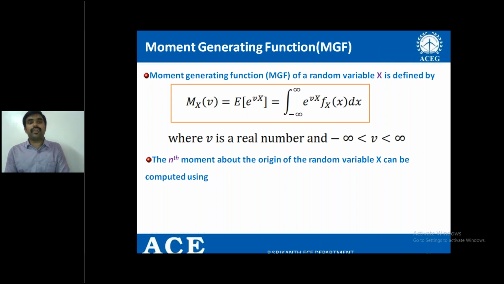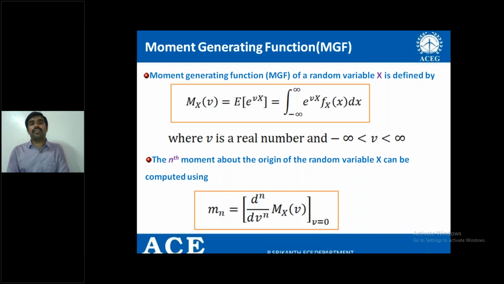The nth moment about the origin of the random variable x can be computed using this relation: m suffix n equals the nth differentiation, d power n by dv power n of mx of v, when v equals 0. We need to substitute v equal to 0 after finding the differentiation, right? By using this I can generate the nth moment.